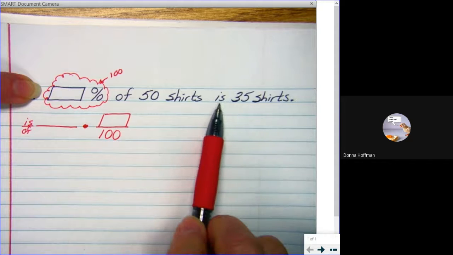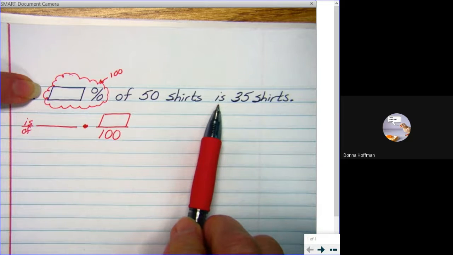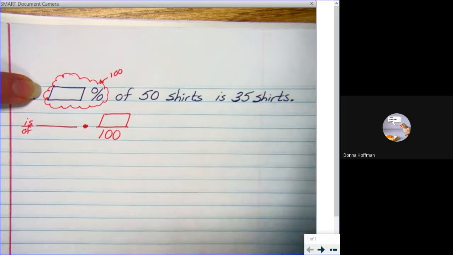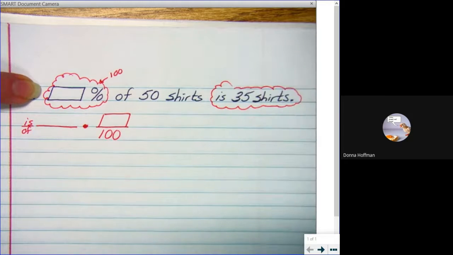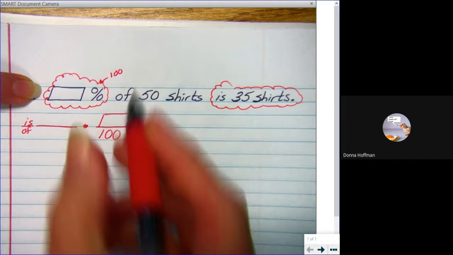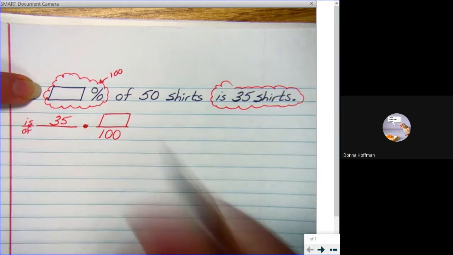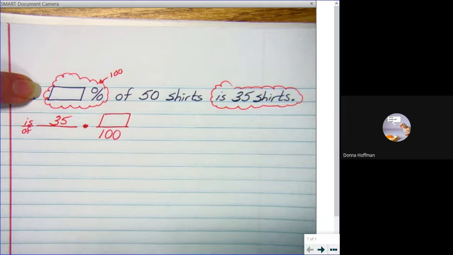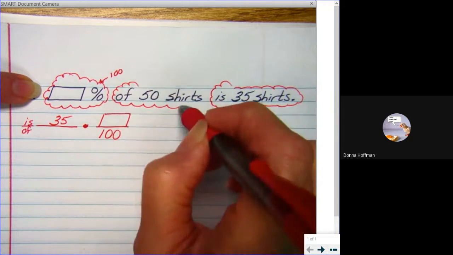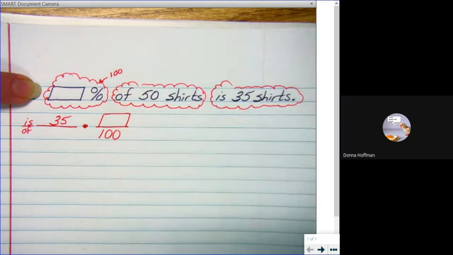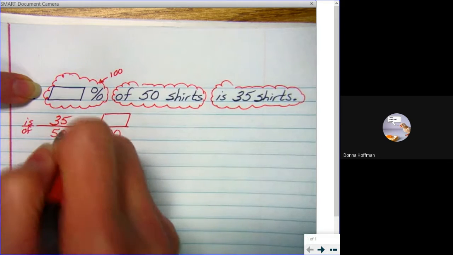You find the word is, and then what number's right beside it? I know you're looking for something hard, sweetheart, and it's right there. Is goes right here. Now, where does it get set up in the format? You know, that format that never changes? Is it the top or the bottom number? Yes. So then the only thing that is left is the of. And where does that go? The bottom. Thank you. Thank you so much.